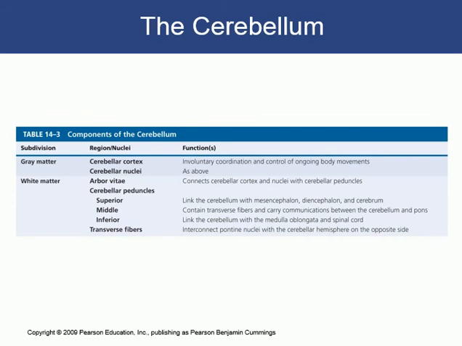Now the diencephalon. What's the diencephalon? The diencephalon is basically the thalamus and things around the thalamus: thalamus, epithalamus, and hypothalamus. The epithalamus is above the thalamus, and the hypothalamus is under the thalamus.